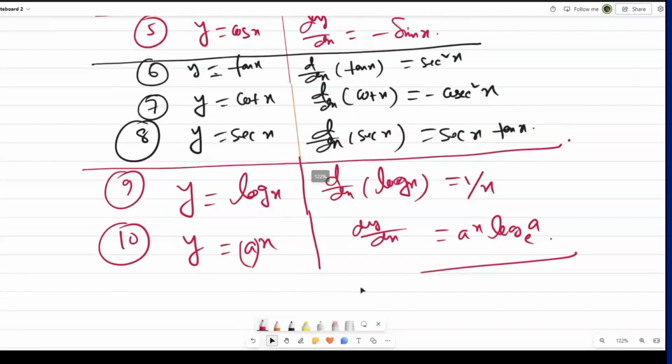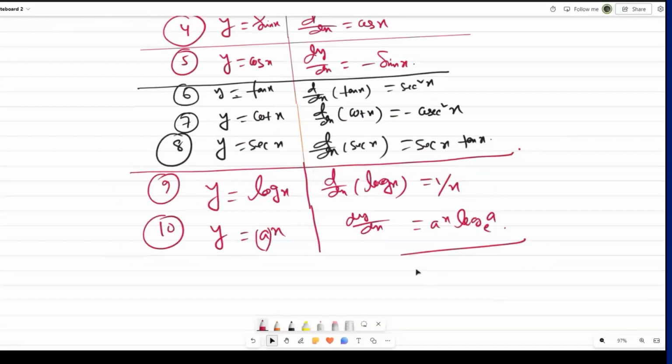All these elementary functions will be applied for differentiation by knowing the rules of differentiation. Let us know the rules of differentiation now. All these formulas are required one by one.